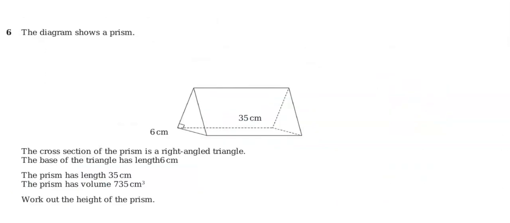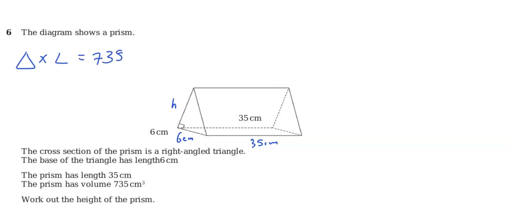Now, in this case here, we have a right triangular prism whose base is 6 centimeters, whose height is unknown, and whose length is 35. The volume is 735 centimeters cubed. We have to work out the height of the prism. Now, the volume of the prism is the triangular cross-section times the length, and that's going to equal 735.